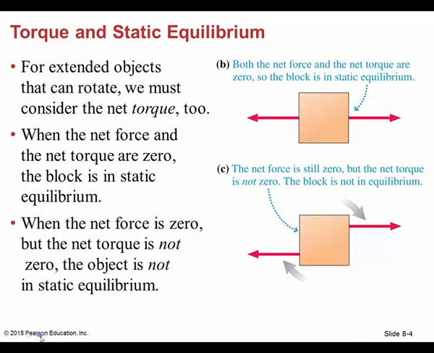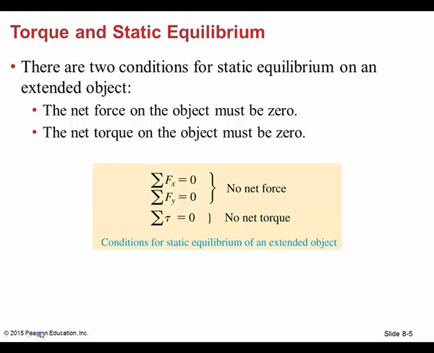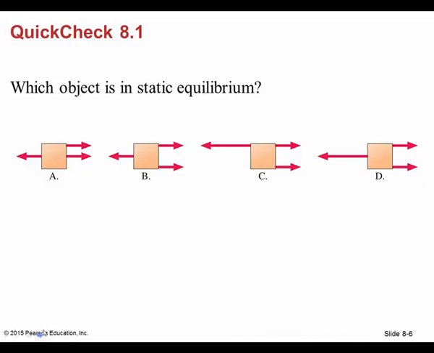Regardless of whether it's moving in the X or Y or whether we're looking at torque, if the sum of those forces in the X and Y or the sum of all the torques equals 0, then there is no net torque, and therefore we are at static equilibrium.